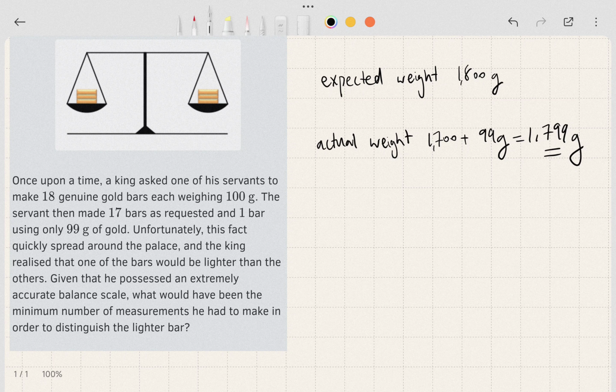So the servant has made 17 bars as requested, and one bar using only 99 grams of gold.